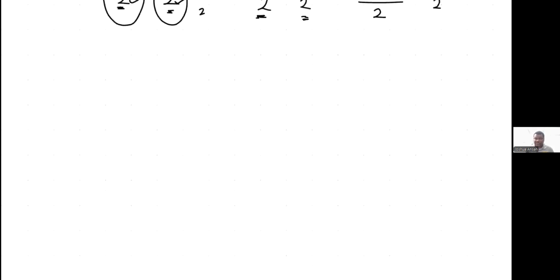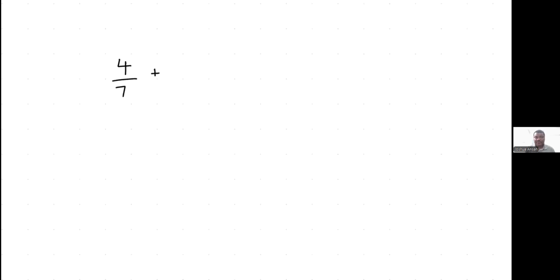Okay. So let's see if I have 4 out of 7 plus 3 out of 7, what do I get for this one? I'll add the top numbers, the numerators, 4 plus 3, and maintain this 7. 4 plus 3 is 7, so 7 out of 7, and 7 out of 7 is also 1.